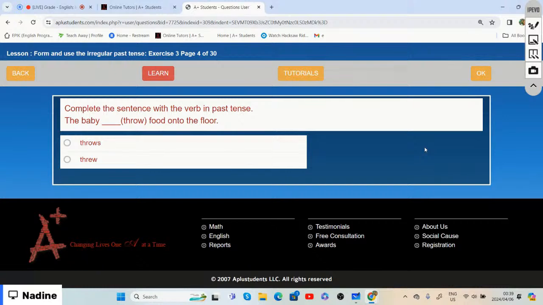All right, let's do this one. It says the baby throw food onto the floor.